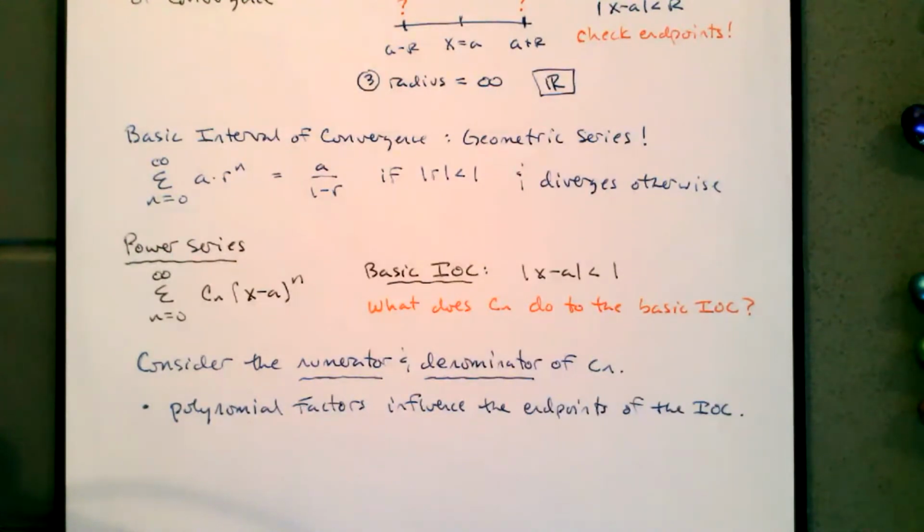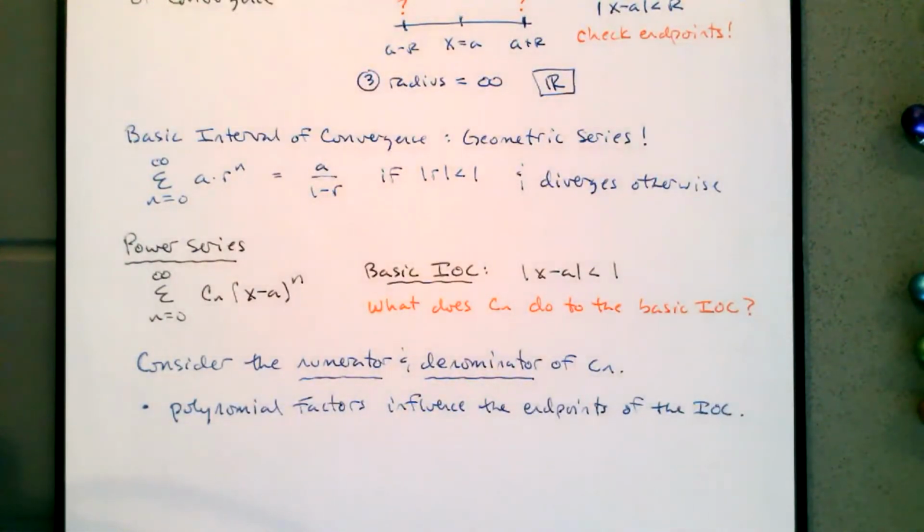The ratio test is blind to polynomial factors. So the polynomial factors are only going to come into play when the limit from the ratio test is equal to 1, and that's at the endpoints of the interval of convergence. So I say polynomial factors influence the endpoints, and I justify this by reminding you that the ratio test is blind to polynomial factors.